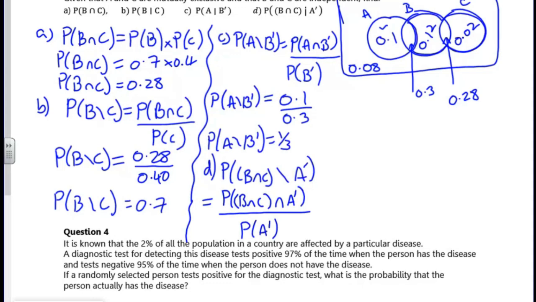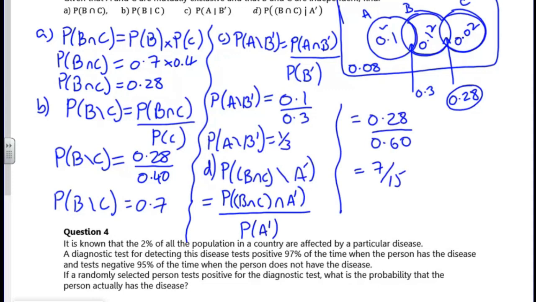I was doing B or C. B and C is the 0.28. And not A is everything other than the A. So it's just 0.28. And then not A would be 0.6. Which is 7/15.